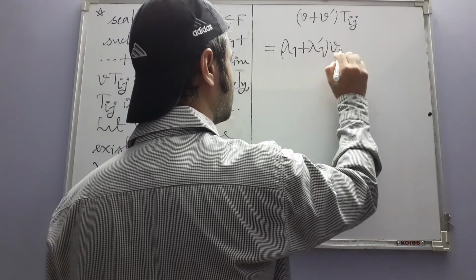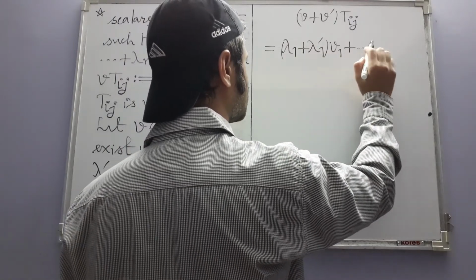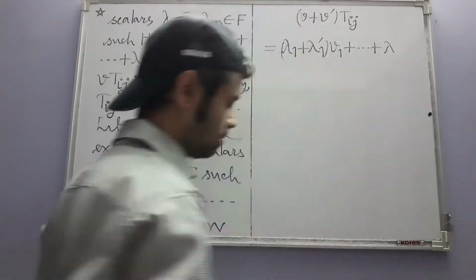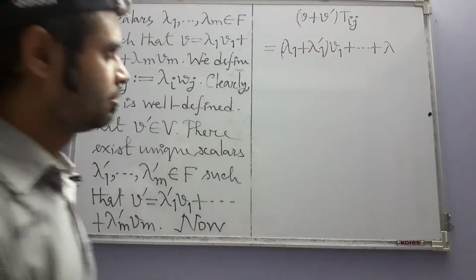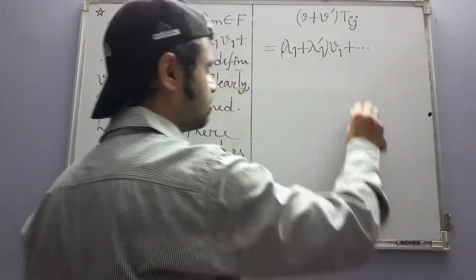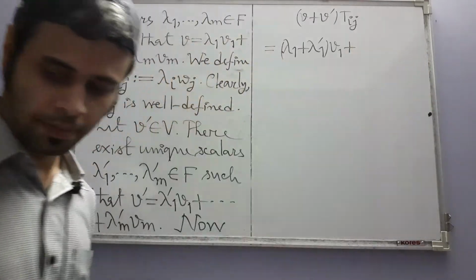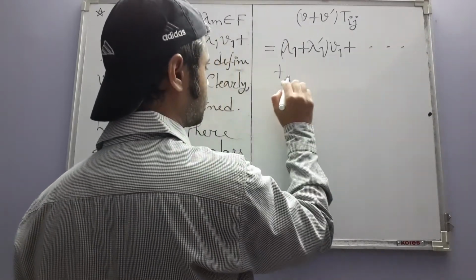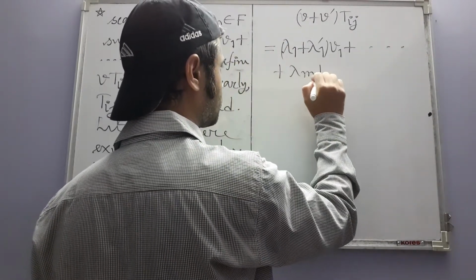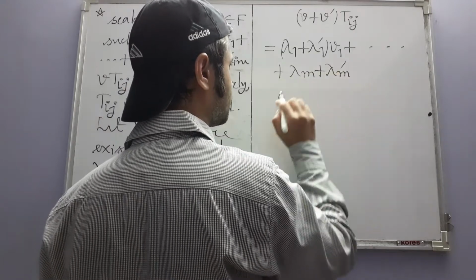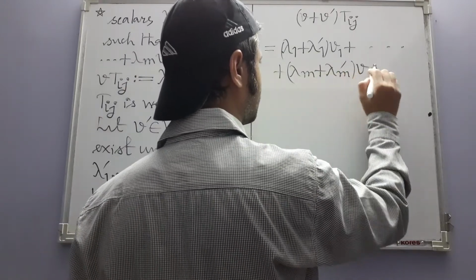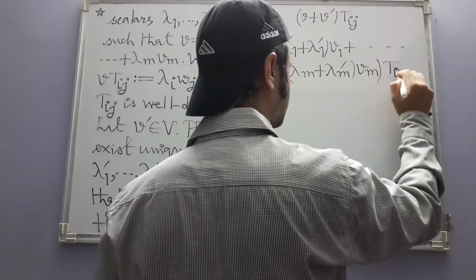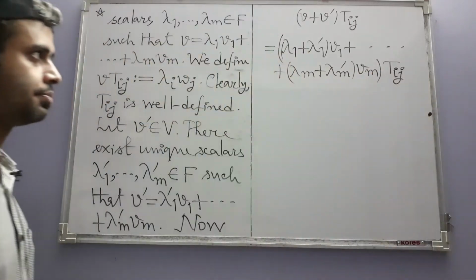Lambda 1 prime v1 etc. plus, okay, let me write it there. On this we are applying Tij.